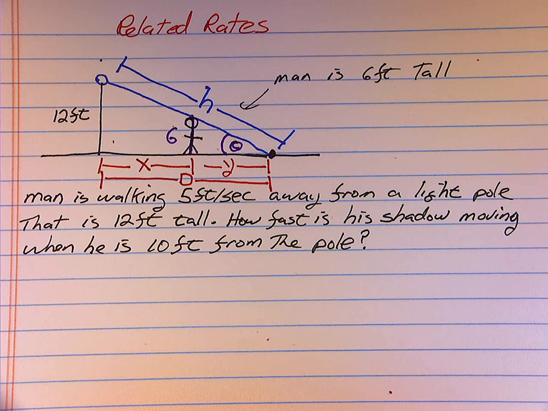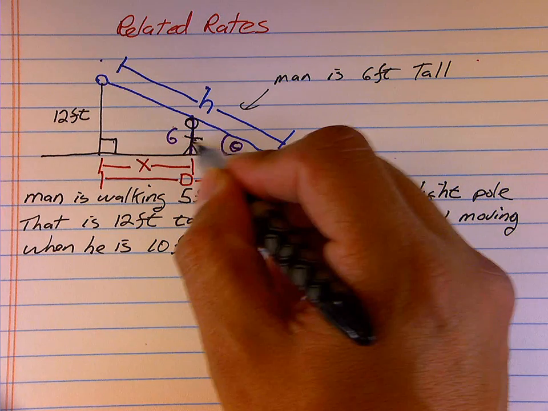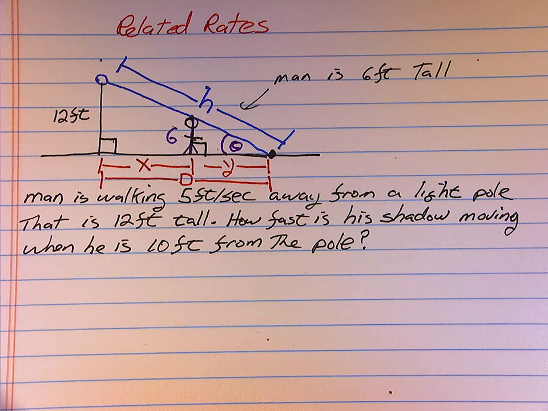They both have two angles that are the same. Theta and a 90-degree angle from the man straight up 6 feet and a 90-degree angle from the ground to the light pole, both assuming 90-degree angles. Gives me two similar triangles.